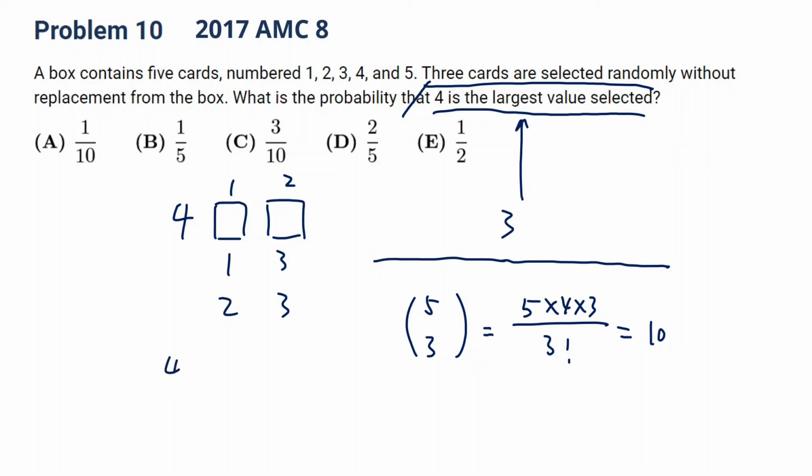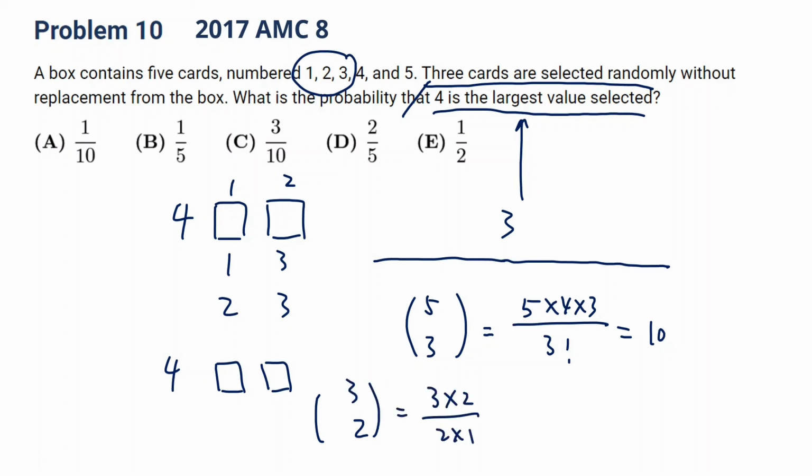Or you can think like 4 is chosen, and for those 2 you have a choice of 1, 2, 3. You can choose 2 out of those 3 numbers. So basically, this is choose 2 out of 3. 3 times 2 divided by 2 times 1, which is 3. Same idea, we got 3. So the answer will be 3 divided by 10.